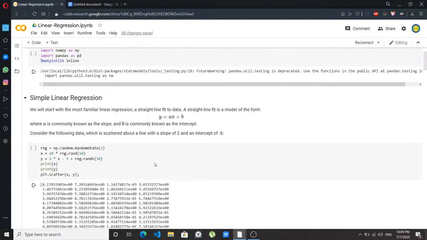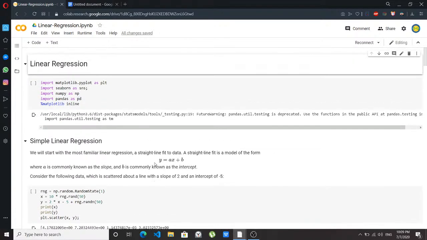First of all, we are going to be seeing simple linear regression, in which there is only a single input variable and we get a single output y. So why exactly do we use linear regression?